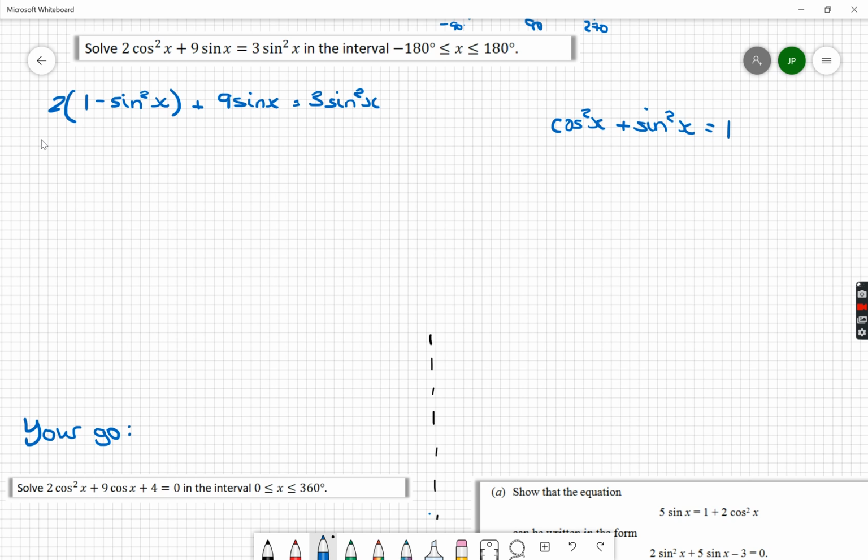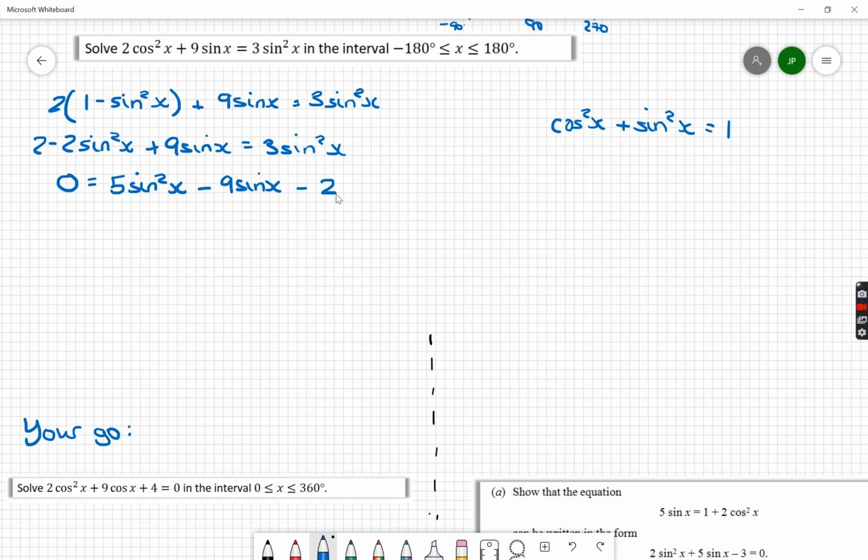I can expand my brackets out. 2 minus 2 sine squared x plus 9 sine x equals 3 sine squared x. And we'll get everything onto one side and then we can look at solving. So, manoeuvring everything to one side, I will get 0 equaling 5 sine squared x minus 9 sine x minus 2, and that's going to equal 0.